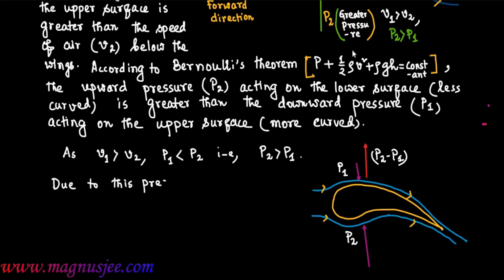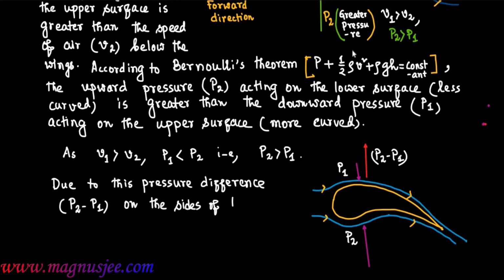Due to this pressure difference P2 minus P1 acting on the aeroplane wing with airfoil shape, on the sides of the wing, a vertical lift F acts on the aeroplane.